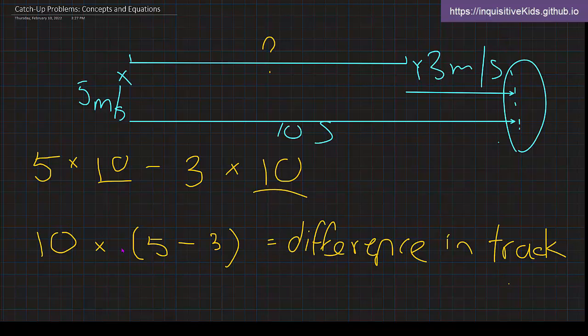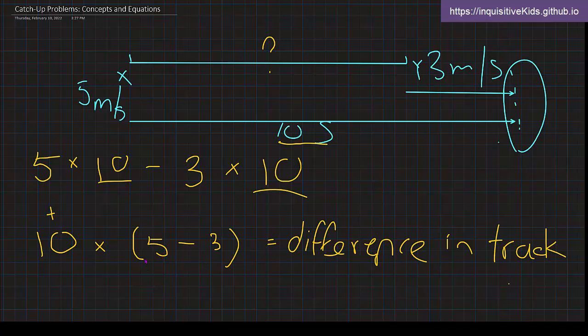Well, this is just numbers, but how can we turn this into a formula that could be used for any type of catch-up problem? As you may have noticed, where do we get this 10 from? This 10 is this time right here. So 10 is the time.